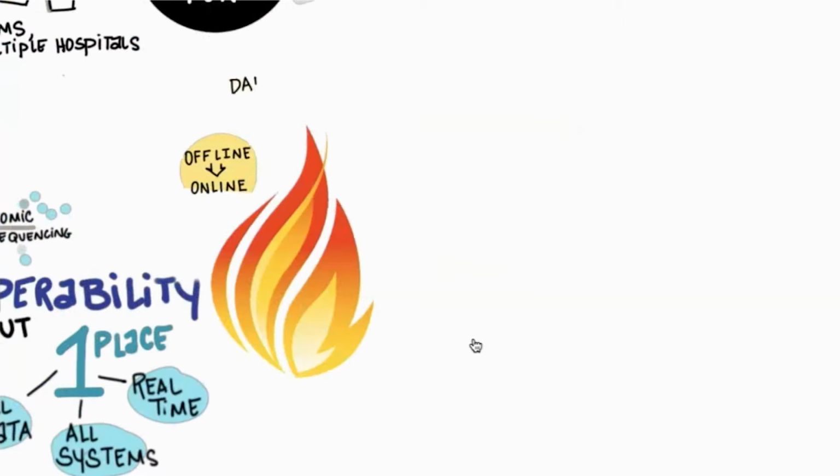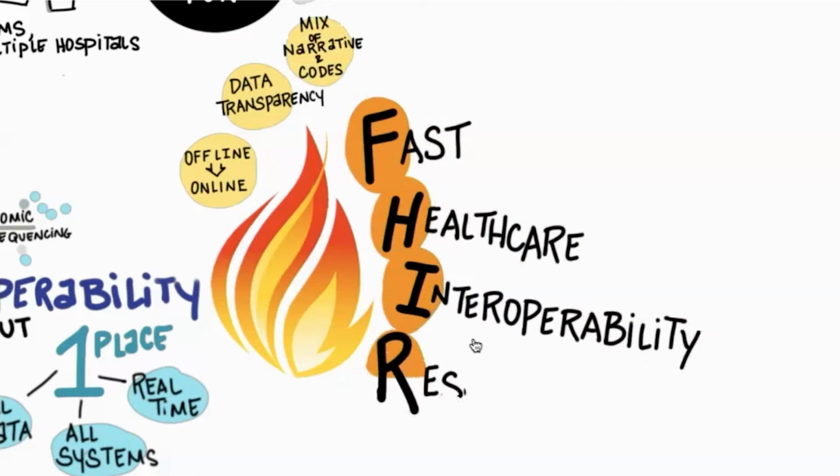So that task force, actually the idea came from a gentleman in Australia who lives in the outback near Melbourne, Graham Grieve, who came forward with the concept that we now call FHIR, Fast Healthcare Interoperability Resources, to accommodate the fact that data was moving from offline to online, that there were data transparency efforts around the globe, and that data was becoming more and more a mixture of narratives and coded data.